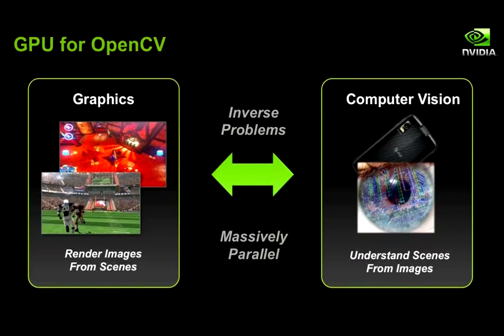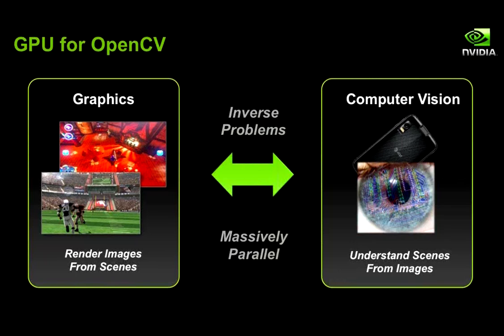The other motivation to use GPUs specifically for image processing and computer vision is that GPUs were traditionally used for graphics. In graphics you have a physical representation of your world, in terms of where the objects are in the scene and how they're lit up, and then you try to create a 3D video or an image that represents that world.